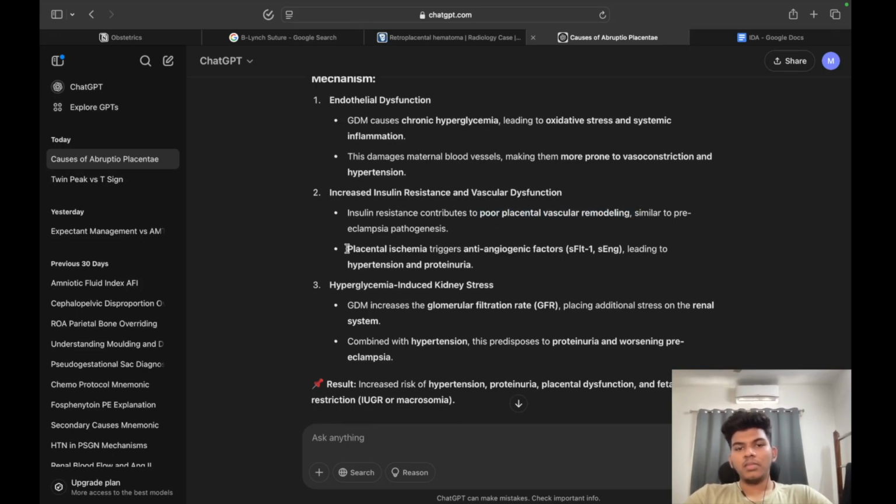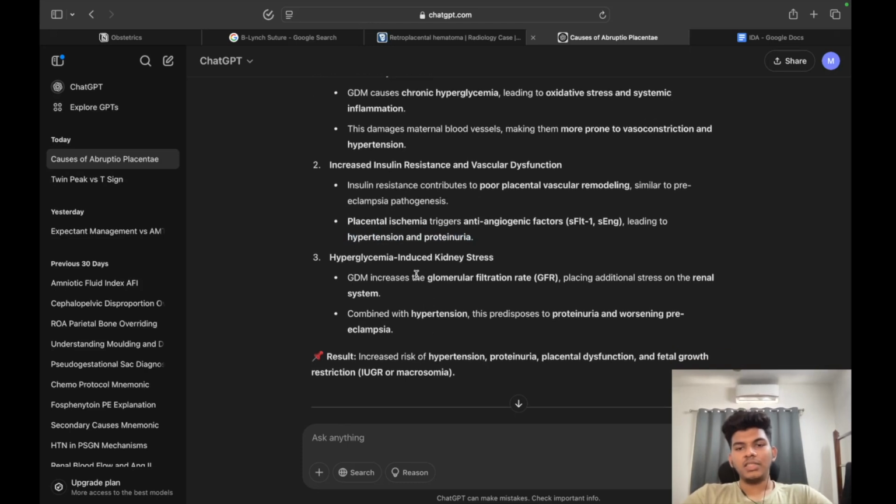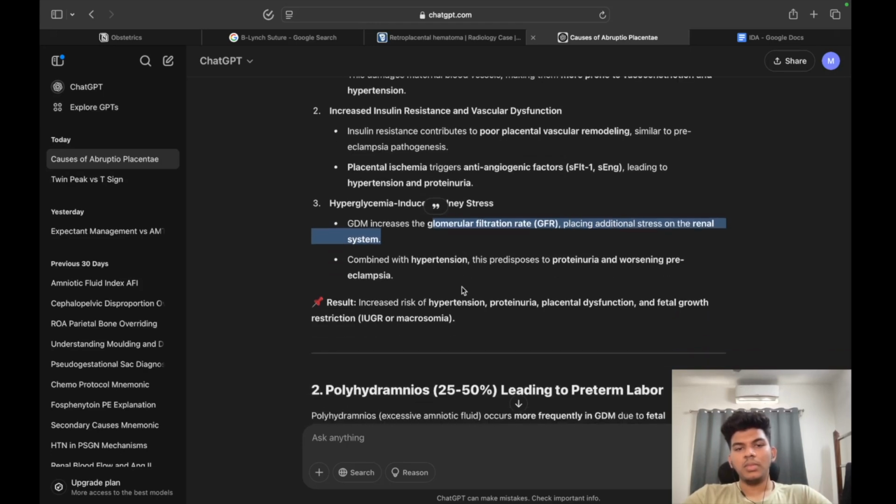Similar to preeclampsia pathogenesis, remodeling is affected and placental ischemia leads to release of mediators, an increase in anti-angiogenic factors, leading to hypertension, proteinuria, and kidney stress. The increased GFR places additional stress on the renal system, and combined with hypertension predisposes to proteinuria, worsening preeclampsia.